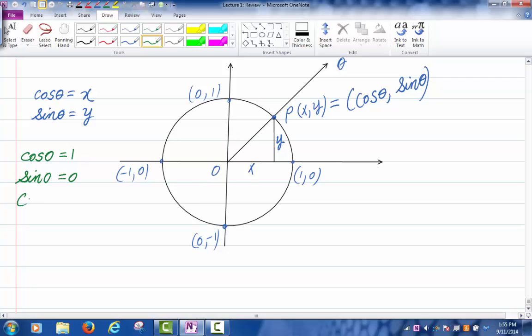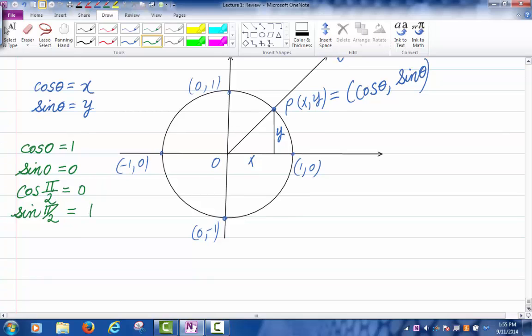What is cosine of 90 degrees, which is the same as pi over 2, right? Remember, pi means 180, so 90 would be pi over 2. So what is cosine pi over 2? 0. Sine pi over 2 would be 1.